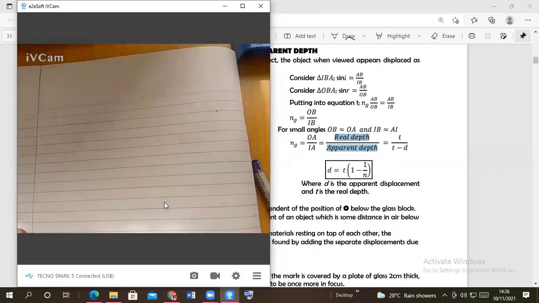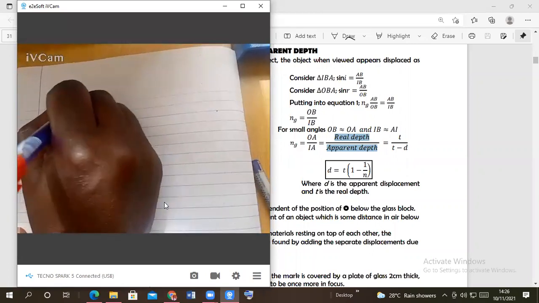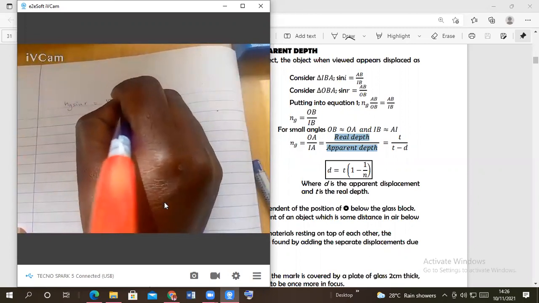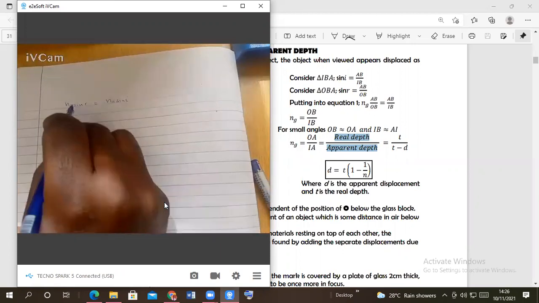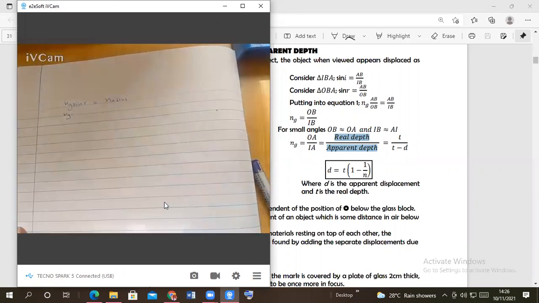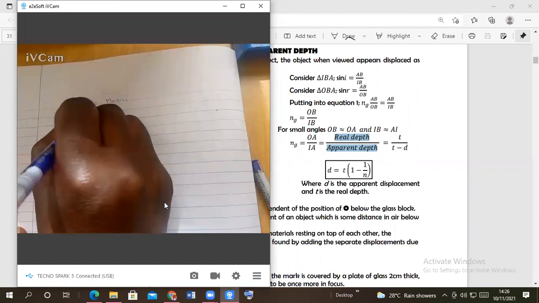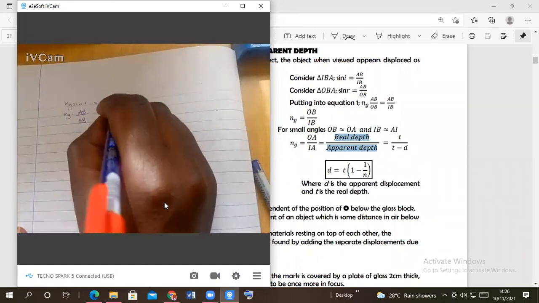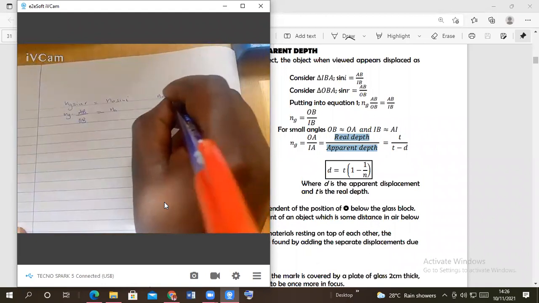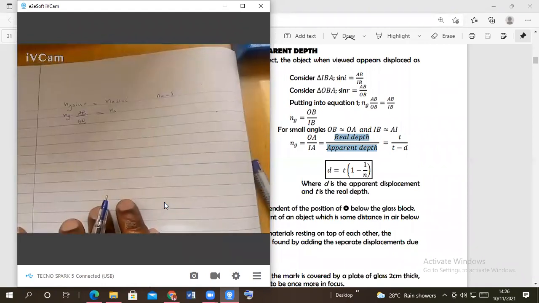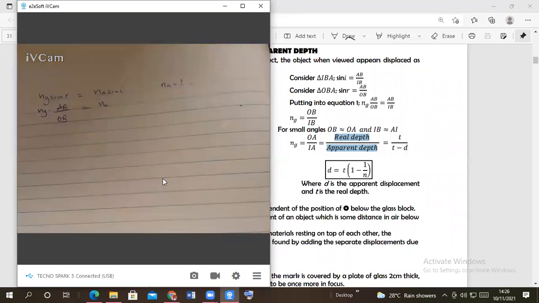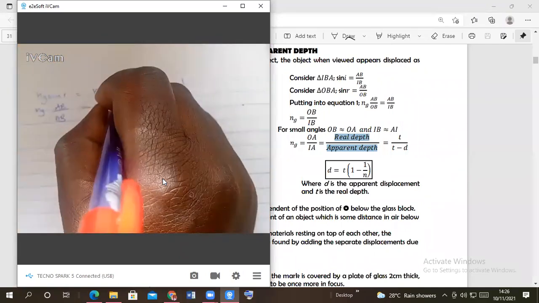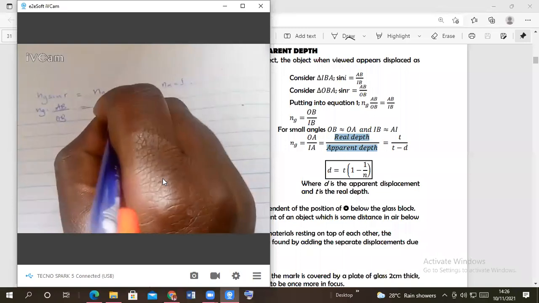So we have n_g sine R equal to n_a sine I, but sine R, we said it is AB out of OB, which is equal to n in air. n in air is 1, so there I will substitute 1. Then sine I is given by AB out of IB.